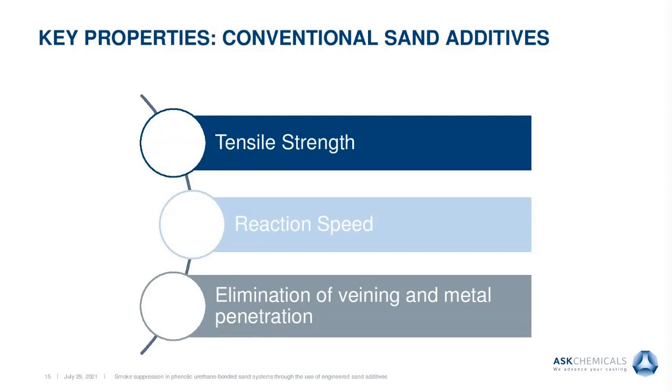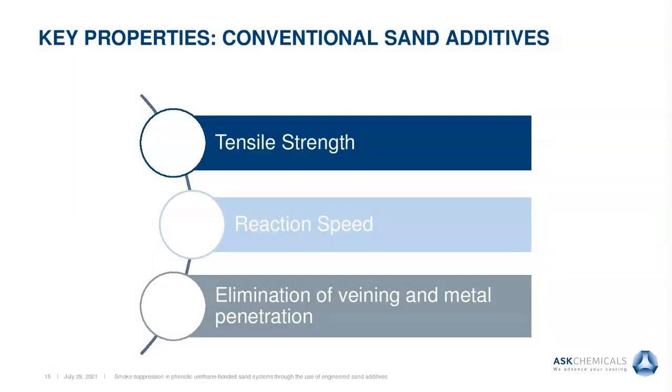We are developing a sand additive, and when you're developing a sand additive, especially for us at ASK, we look in detail at a lot of aspects, because when you put in a powder that is finer than sand, you need to be careful not to interfere with properties like tensile strength and the speed of the reaction.